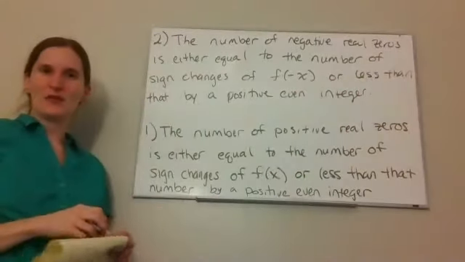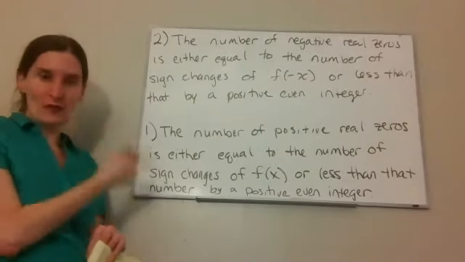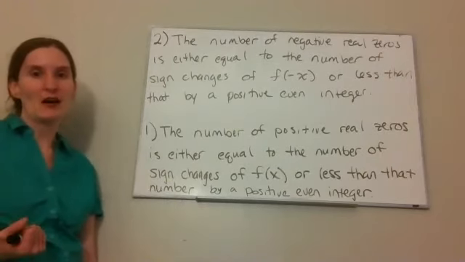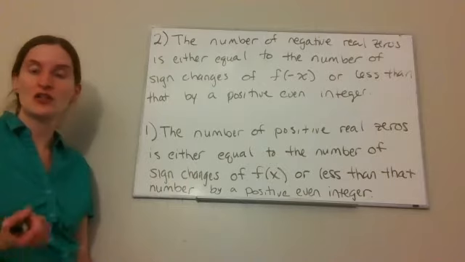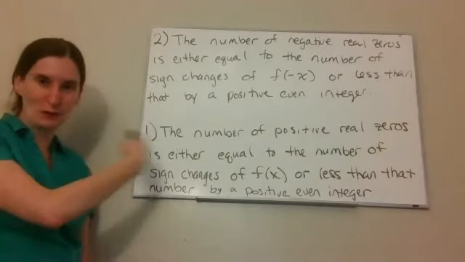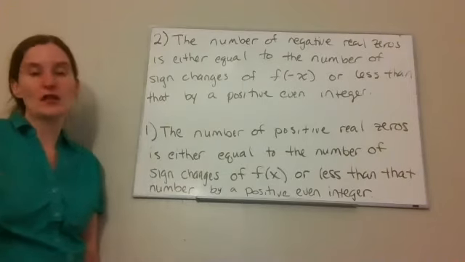So this sounds really confusing, but it's really not that bad. For the positive zeros, the sign changes we're talking about are how many times you change from a plus to a minus or a minus to a plus when you just read across your polynomial. Let's just say that that happens 4 times.